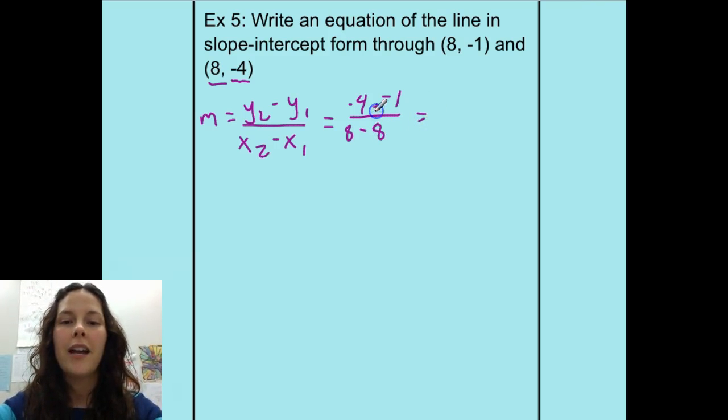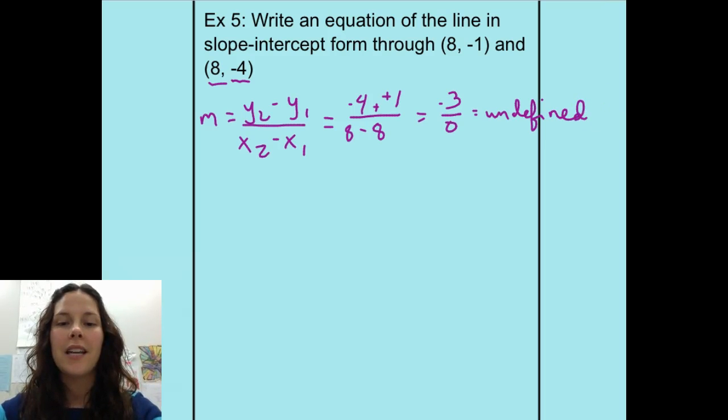In the numerator, adding the opposite, we get negative 3 over 8 minus 8 is 0. This slope is undefined. Remember, we can't divide by 0. This is like saying, how many times does 0 go into negative 3? 0 doesn't go into negative 3.